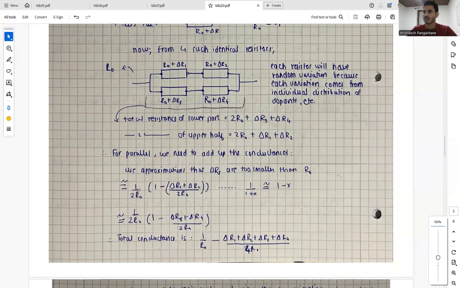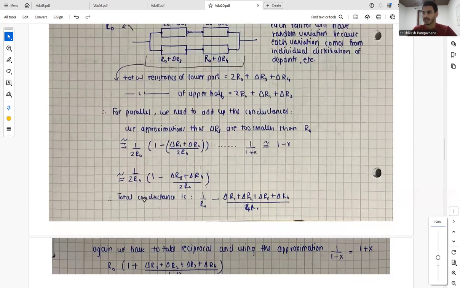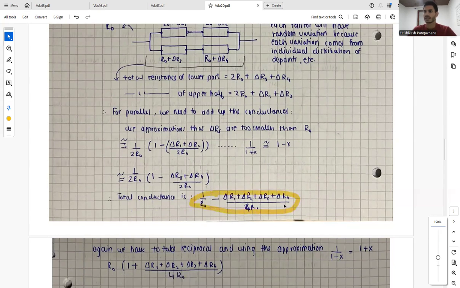So 1 upon 2R naught plus ΔR1 plus ΔR2, when taken its reciprocal, becomes 1 upon 2R naught, times 1 minus (ΔR1 plus ΔR2) divided by 2R naught. And similarly, for this, the conductance becomes 1 upon 2R naught, times 1 minus (ΔR3 plus ΔR4) divided by 2R naught. And when we add those, the total conductance will be the addition of those two.